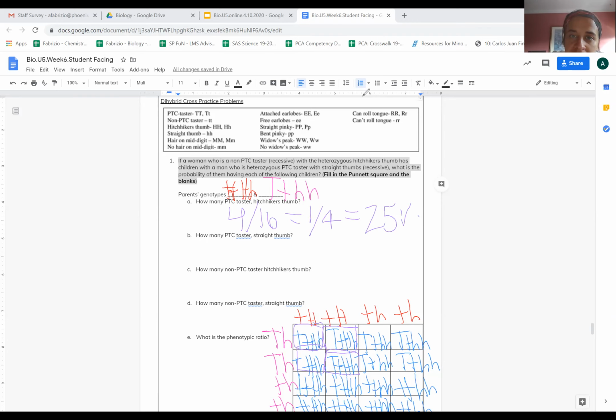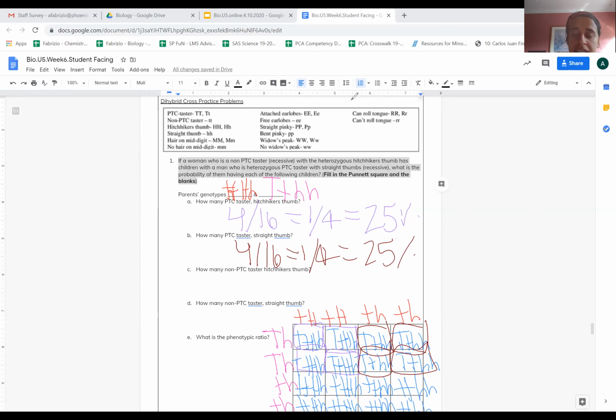Okay, so please be following along, and correct me if I'm wrong. So now for how many PTC tasters and straight thumbs do we have? So we have 1, 2, 3, 4. So we have 4 out of our 16, which again is 1/4, which is equal to 25%.